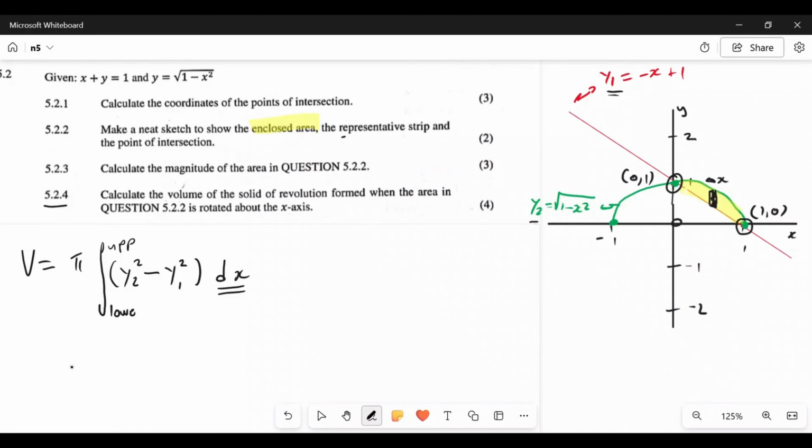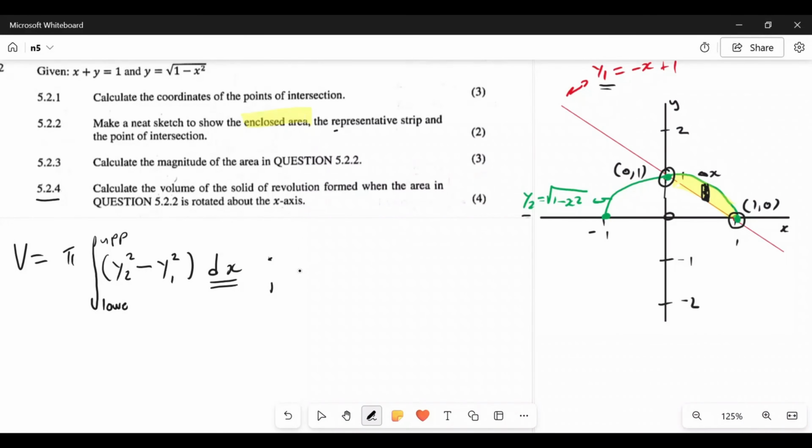So let's just substitute there. Remember, we said volume is equal to pi, and then we have sigma there. The upper limit here is 1, it didn't change. The lower limit is still 0. But inside there, we're going to have y2 squared.